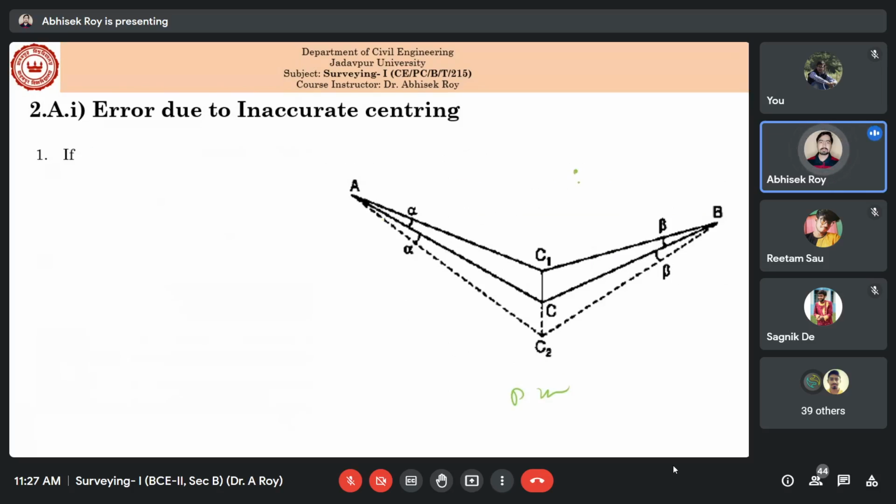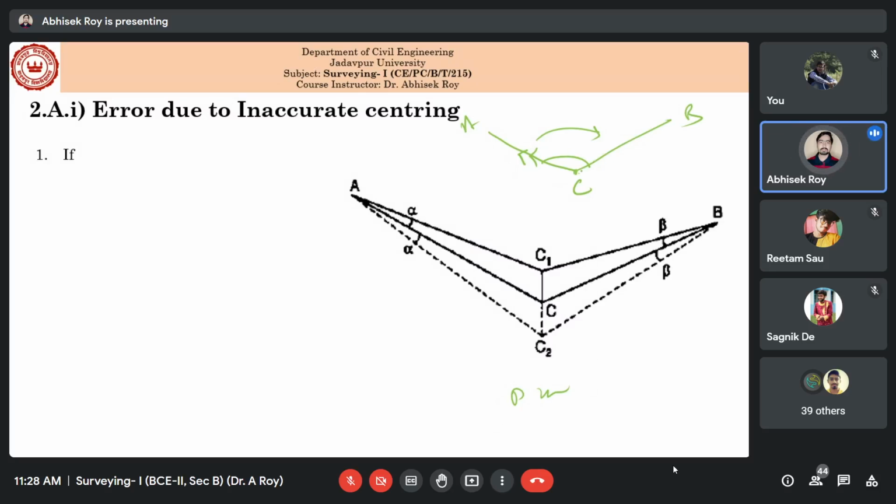Say you are at a point C and you want to measure this angle ACB. Then what you will do at C, you will center your instrument. You will take the back side, or you will just bisect A and you will make your vernier 0, 0, and then you will open your upper main screw and you will rotate your telescope, you will bisect B, you will tighten your screw and you will measure the angle.